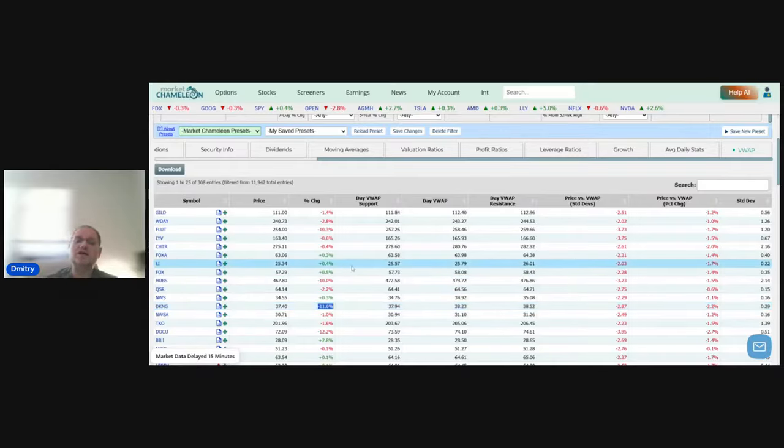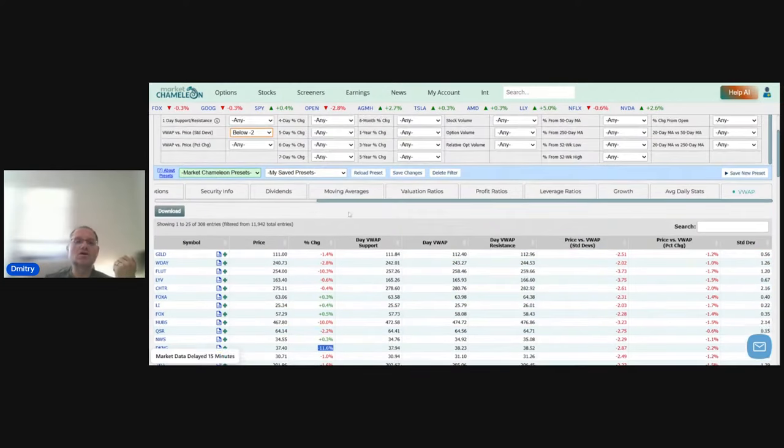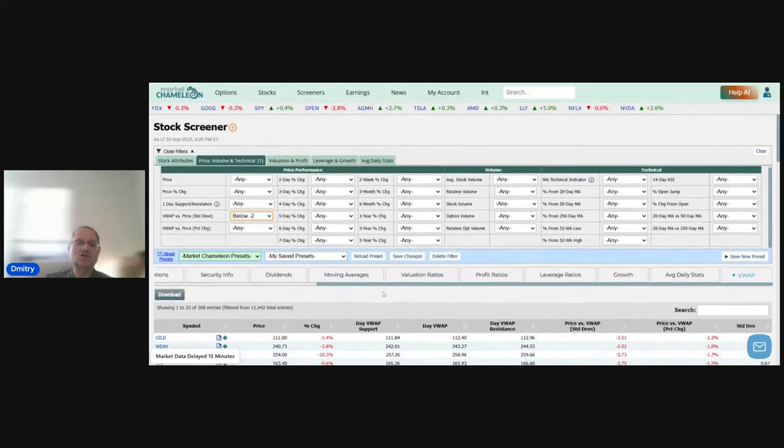It could be up on the day. Think of a stock that gapped up, traded a lot, and then all of a sudden starts to drift lower and lower and lower, right? So you can do that here. We could look at price changes, for example, price any positive, right? Let's say we were looking at any positive.